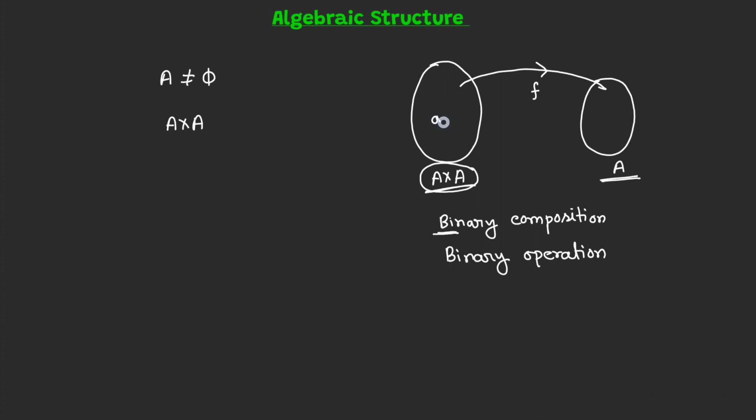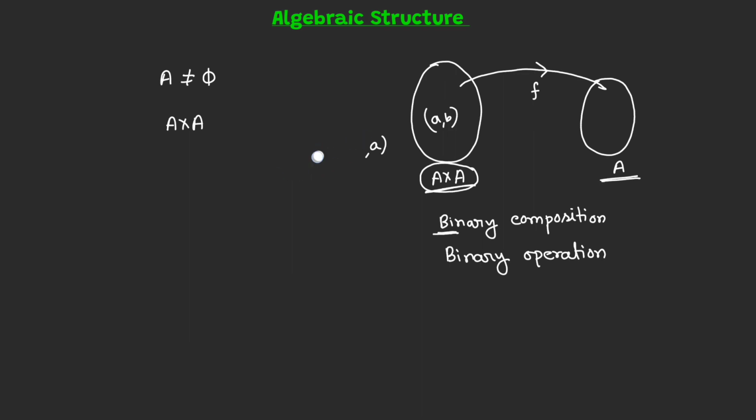Ordered pair means (a, b). The order of the elements is very important. You cannot change the order, because in general the ordered pair (a, b) is not equal to the ordered pair (b, a). That's why this type of element is called an ordered pair.